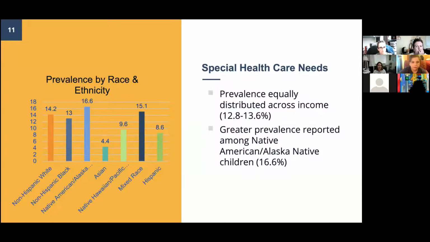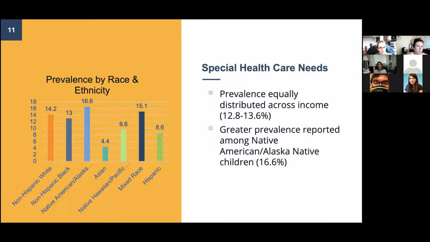Just to continue this out, what does it look like by race and ethnicity? It's pretty equally distributed, one by income, which is interesting. We don't see that often, but special health care needs is, you can see the range, 12.8 being the lowest income over there on the right, to 13.6 being the most affluent families.